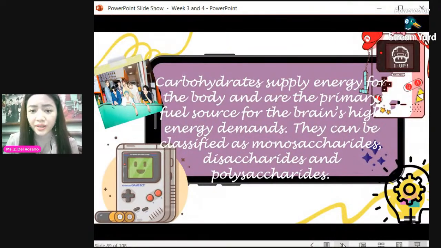To begin with, we have carbohydrates. Carbohydrate is a biomolecule that is responsible for supplying energy for our body and is the primary fuel source for the brain's high energy demands. It could be classified into monosaccharides, disaccharides, and even polysaccharides.